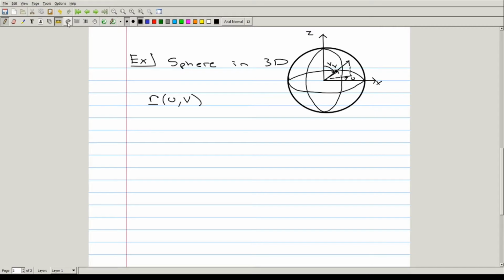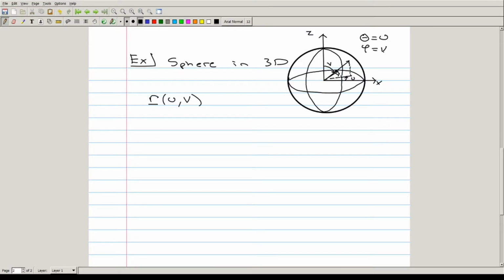Let me just move this y right here to make this a little bit nicer, so that this is the y-axis right here. Any given point on the sphere can be described by U and V. And typically in a multivariable calculus course, you start out by looking at this as theta and phi.